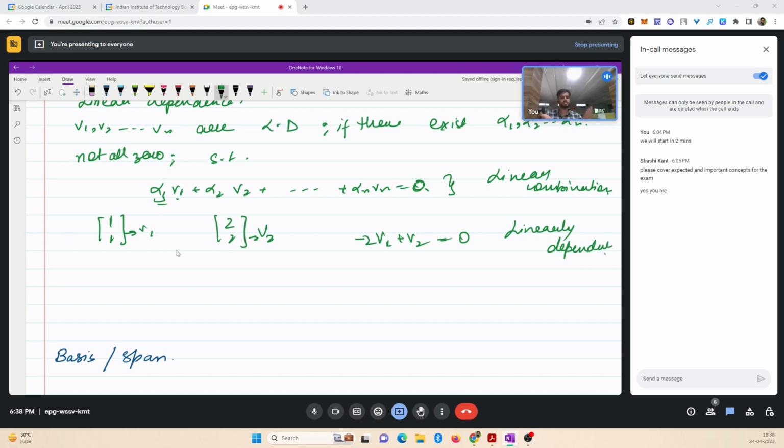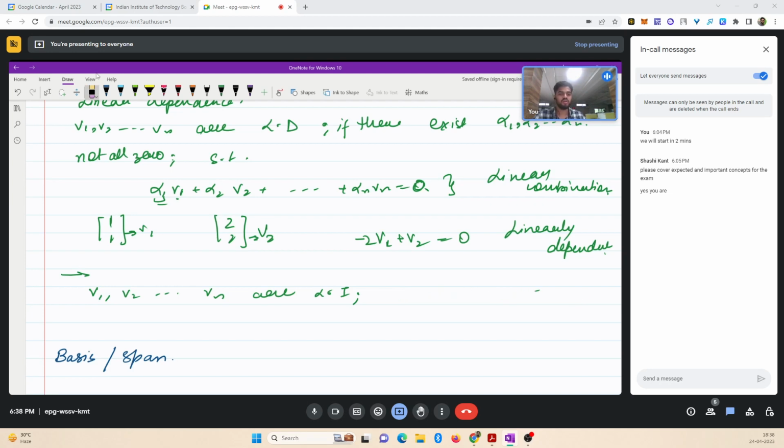Linear independence is just the opposite of dependence: vectors which are not linearly dependent are linearly independent. Just to formally define, I would put it the other way.